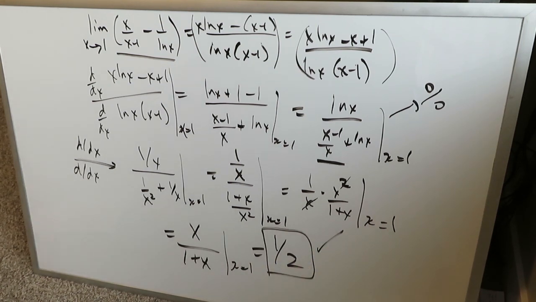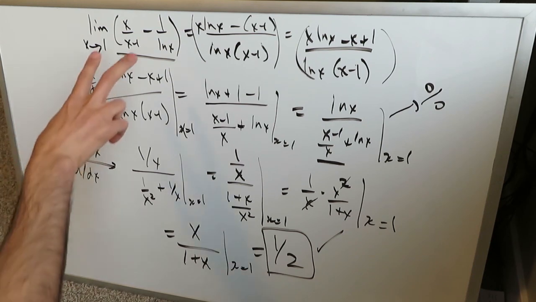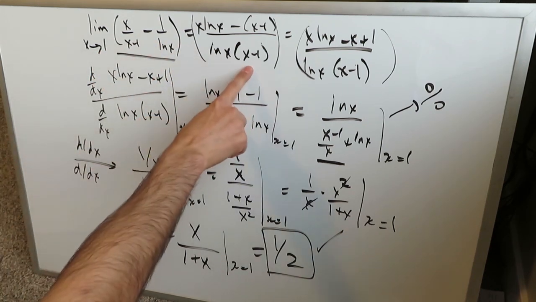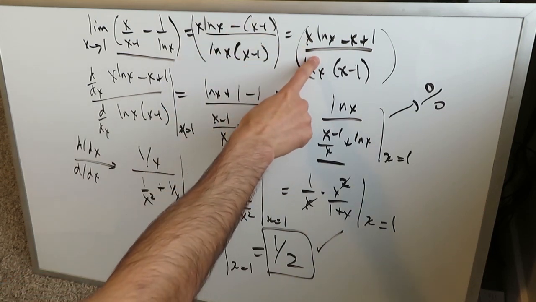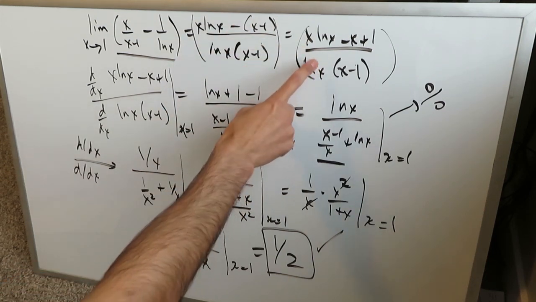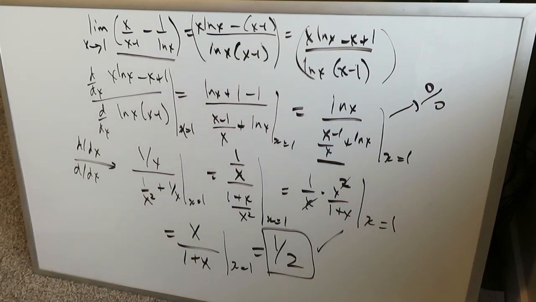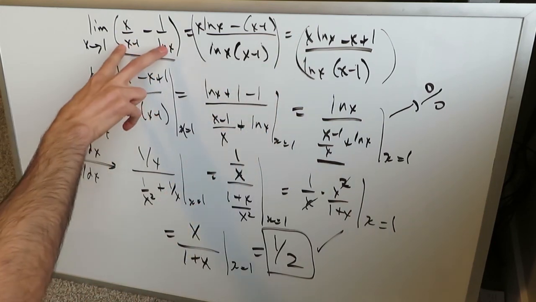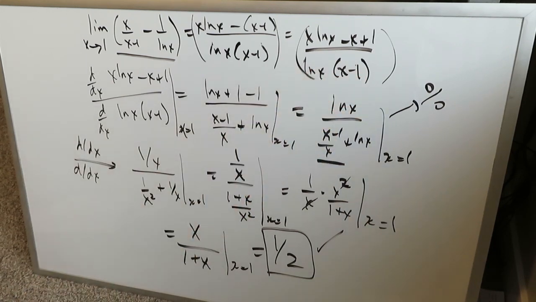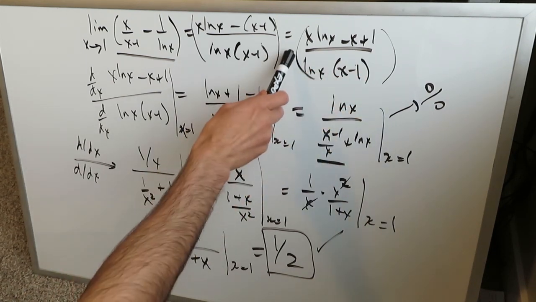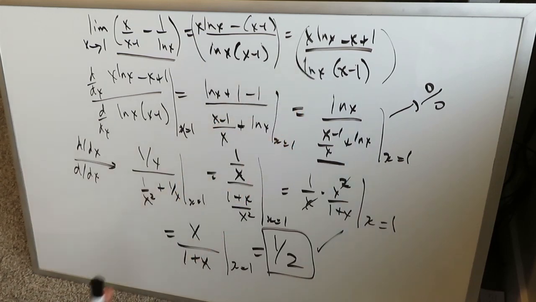And how did we go about doing this procedure? As a rehash, we looked at this, we found a common denominator. When we found the common denominator, we just simplified the expression algebraically, and that became our new limit. Up till this stage, we were at infinity minus infinity indeterminate form. When we brought it into this form here, we were now at 0 divided by 0 indeterminate form, the quotient form of indeterminates.